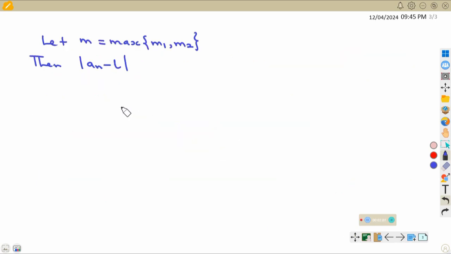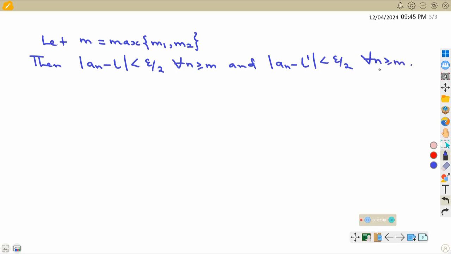So the magnitude of an minus L will be less than epsilon over 2, and this happens for every n greater or equal to m, because we are saying m is the maximum of m1 and m2, and the same applies, that is an minus L prime will be less than epsilon over 2 also for n greater or equal to m.